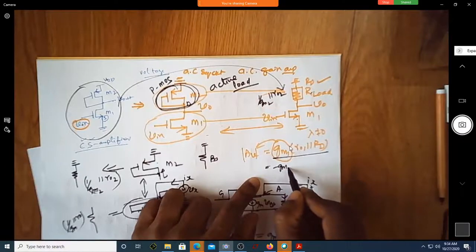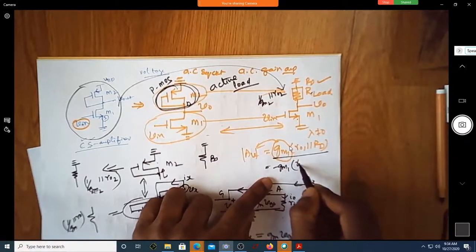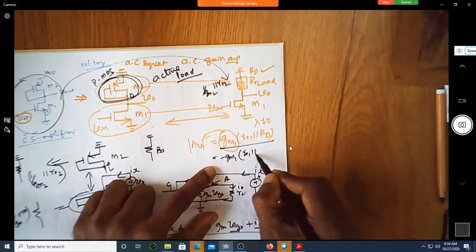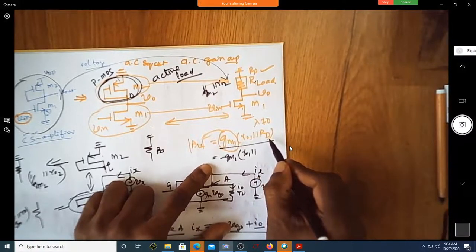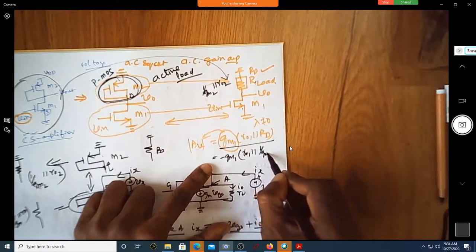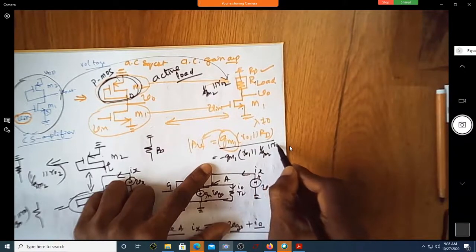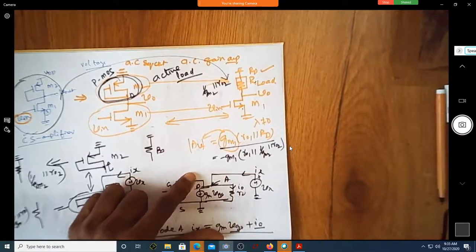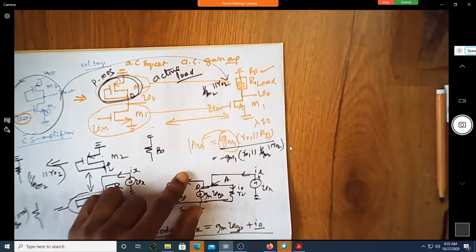It is minus Gm1 into R01. What do you have in place of RD? You have 1 over Gm2 in parallel with R02. That's all. It is as simple as that.